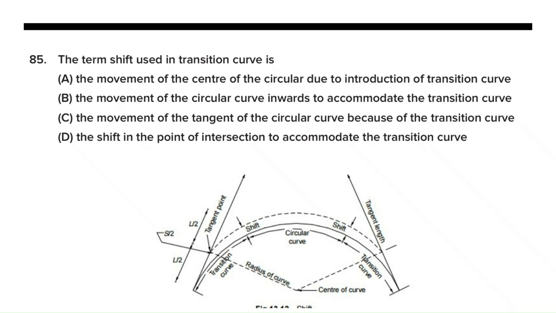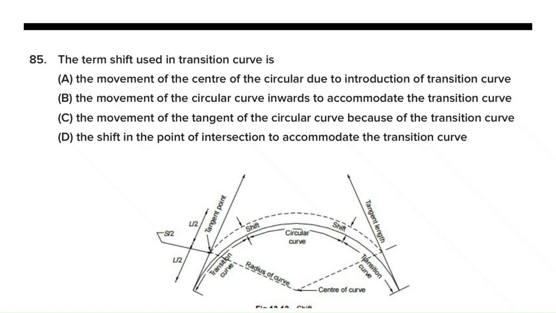Next question. The term shift used in a transition curve is: option A, the movement of the center of the circular curve due to introduction of the transition curve; the movement of the circular curve inwards to accommodate the transition curve; the movement of the tangent of the circular curve because of the transition curve; the shift in the point of intersection to accommodate the transition curve.